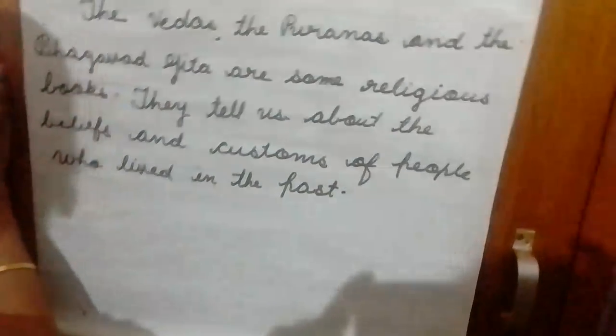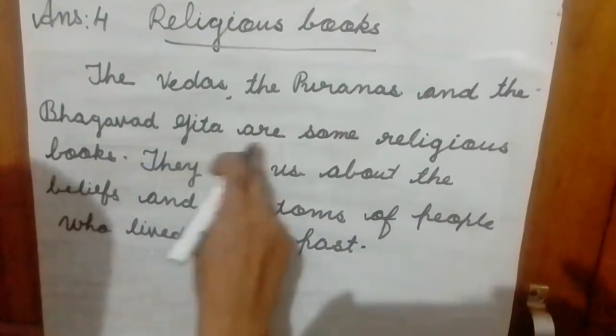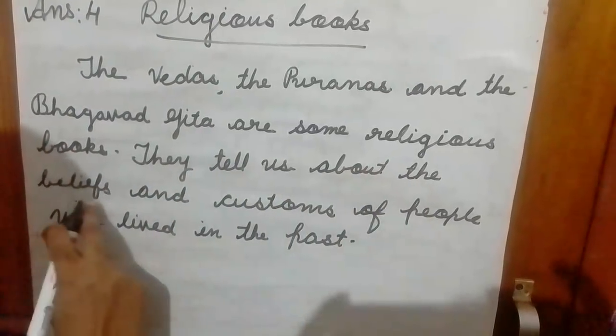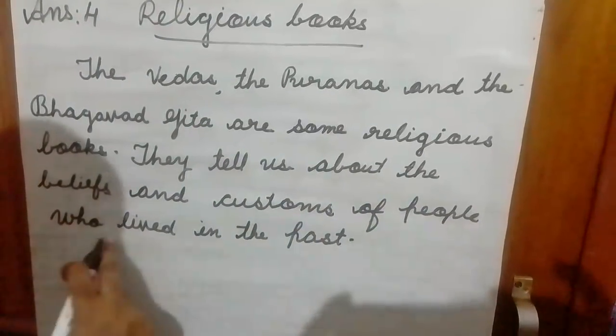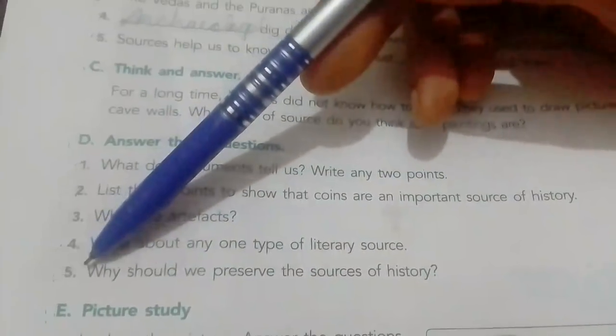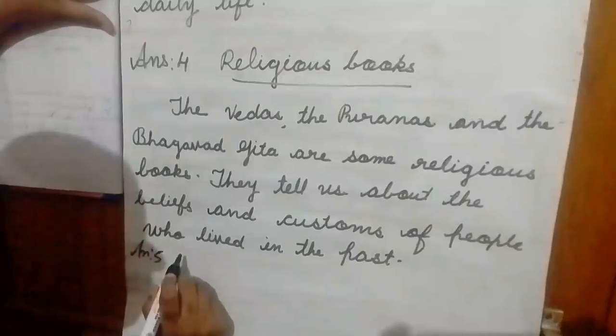First answer for religious books. The Vedas, the Puranas and the Bhagavad Gita are some religious books. They tell us about the beliefs and customs of people who lived in the past. Question number 5. Why should we preserve the sources of history?